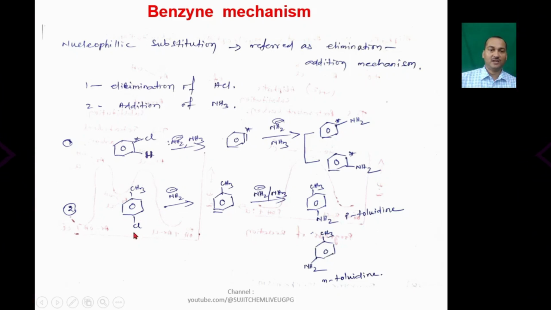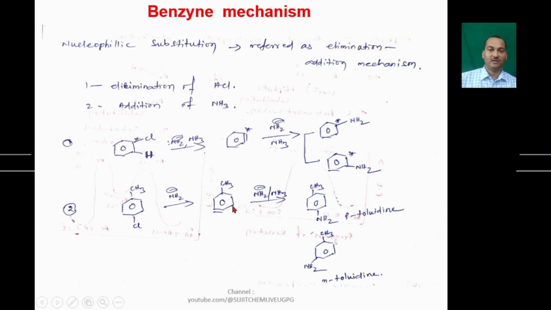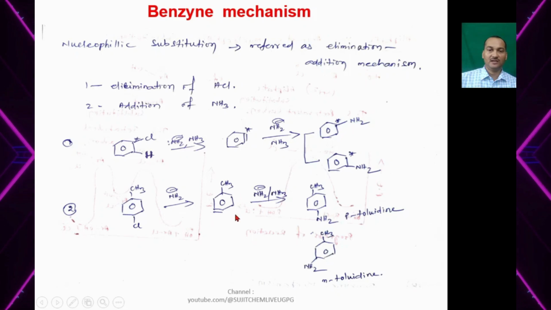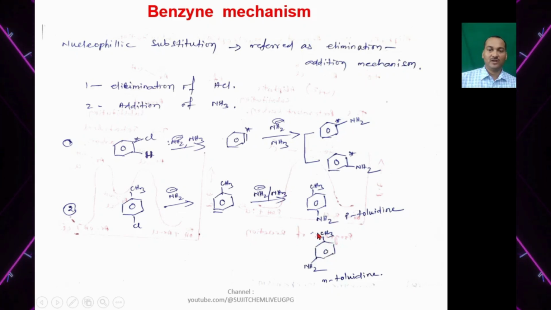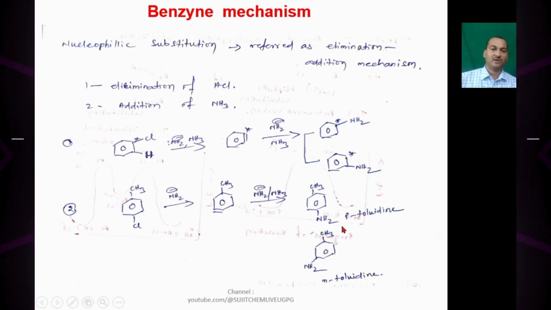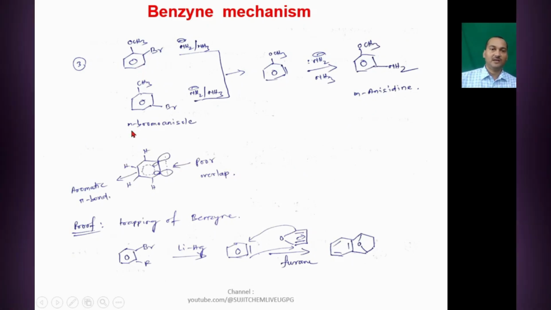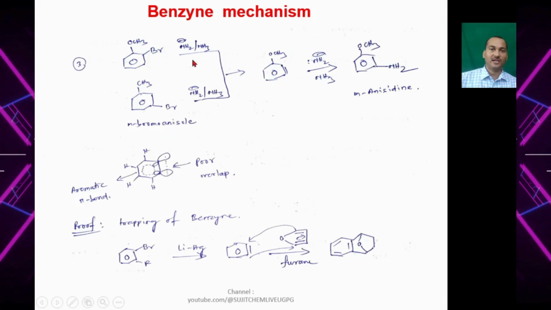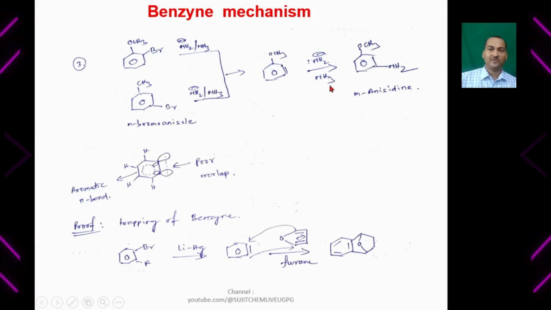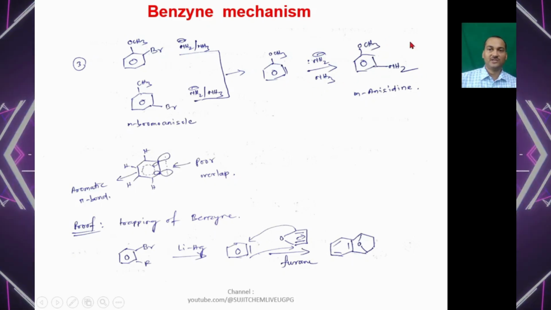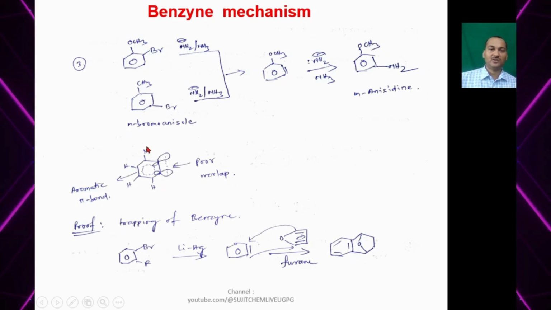Similarly, this para-substituted product can react with amide ion, giving rise to this benzyne, and further reaction with ammonia, giving rise to para and meta product. Similarly, this meta-bromoanisole can react with sodamide and ammonia, giving rise to this benzyne, and further reaction with ammonia, giving rise to meta-anisidine.